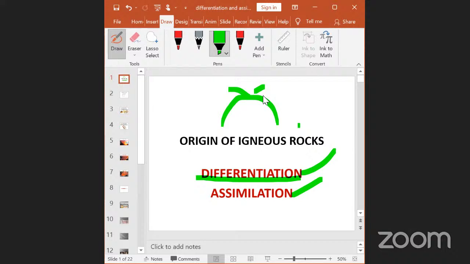These parts, on cooling and solidification, produce different types of rocks. It takes place during the cooling of magma, when magma splits into parts of different composition. That is called differentiation of magma.